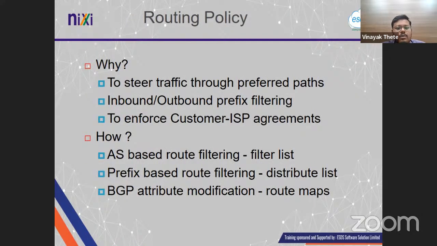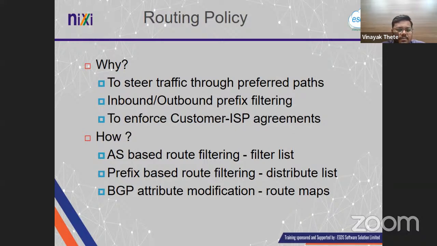So, routing policy. Already we have discussed that routing policy also plays a major role for routes to traverse from one AS number to another AS number, or within an AS number.